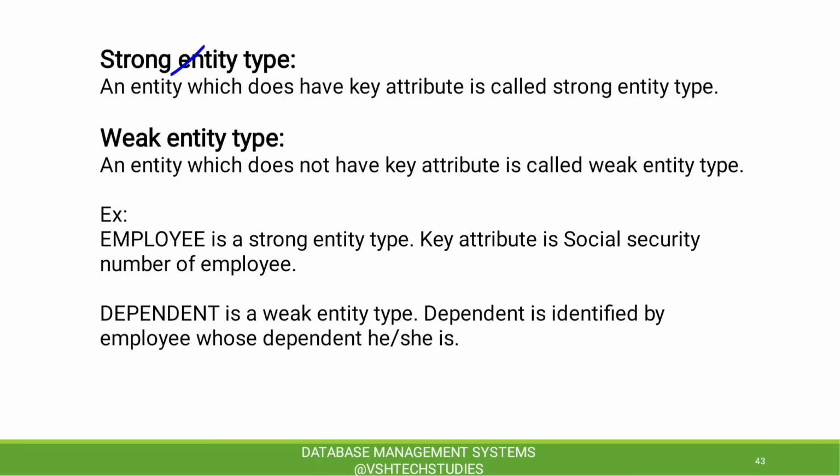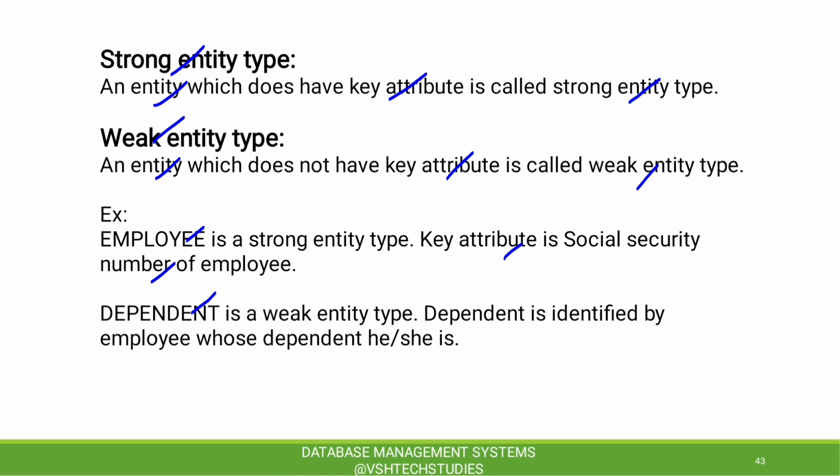Next we shall know what is meant by strong entity type. An entity which does have a key attribute is called a strong entity type. Next, weak entity type. An entity which doesn't have a key attribute is called a weak entity type. For example, employee is a strong entity type because it has a key attribute, social security number of employee.